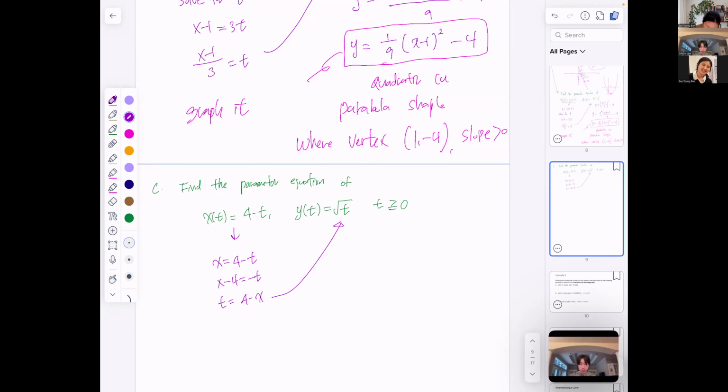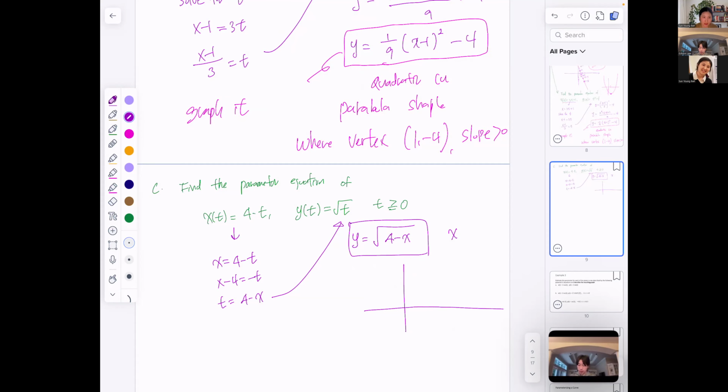There we go. Then what happened? y equals radical 4 minus x. Do you remember this function, the radical function? If you graph it, that's the parametric curve of those two functions. So x cannot be any number greater than 4 because it's going to be negative.